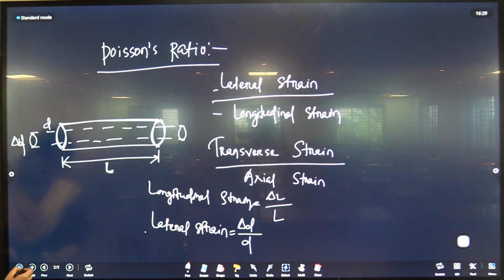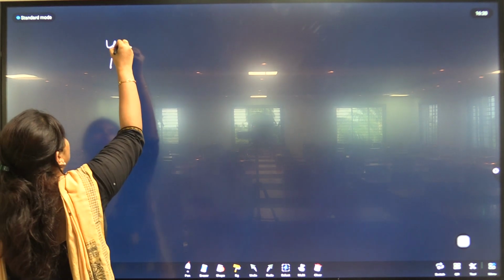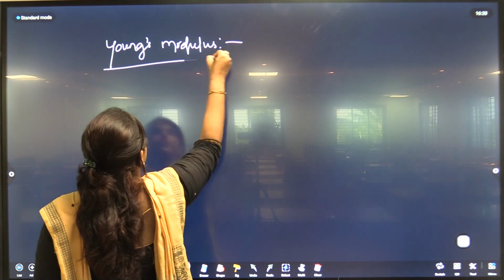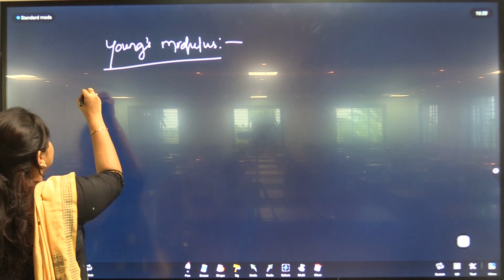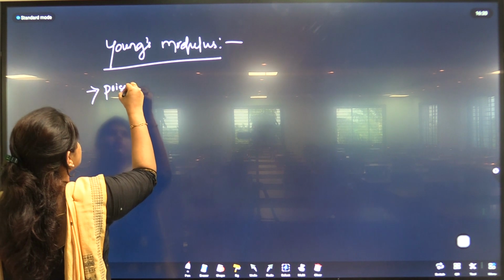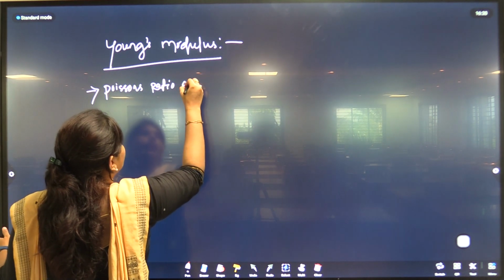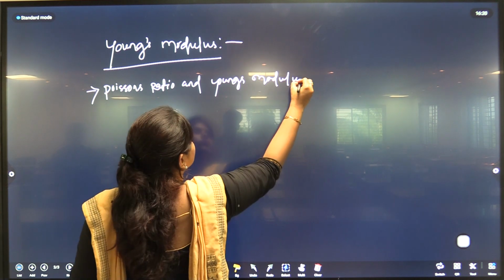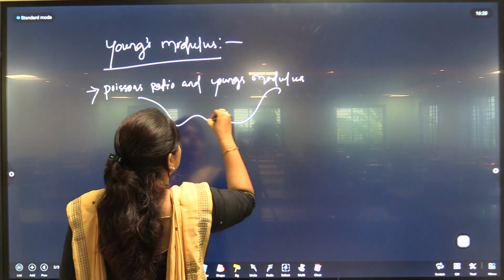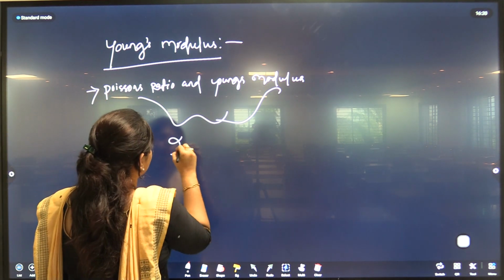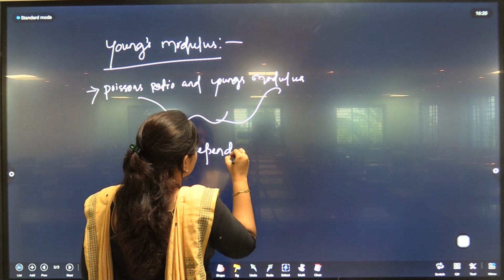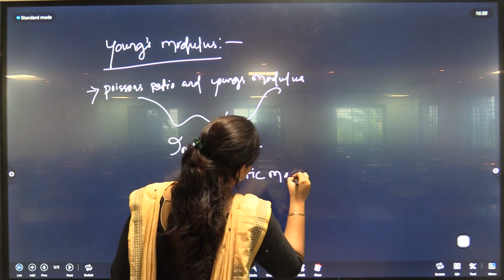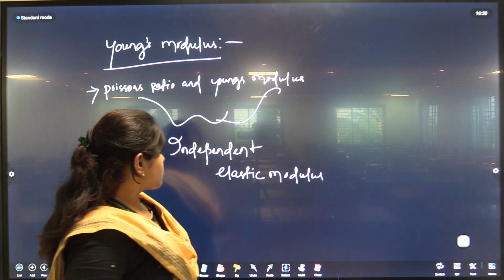Next is our Young's modulus. Before starting, we know that Poisson's ratio and Young's modulus are called independent elastic constants. Why do we call them independent?